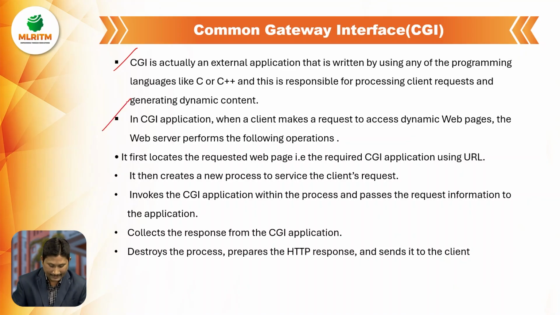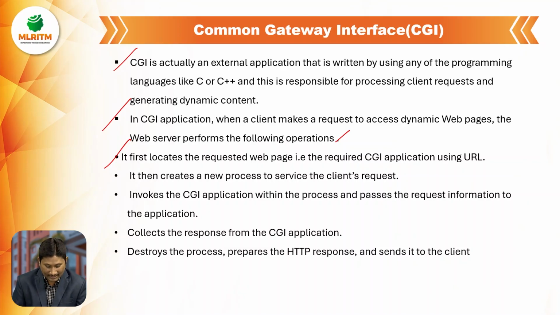In a CGI application, when a client makes a request to access dynamic web pages, the web server performs the following operations. First, it locates the requested CGI application using the URL.